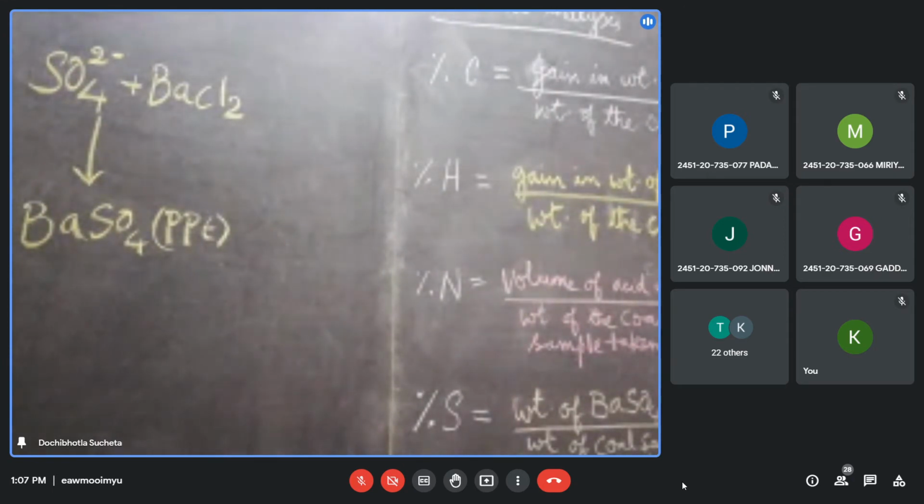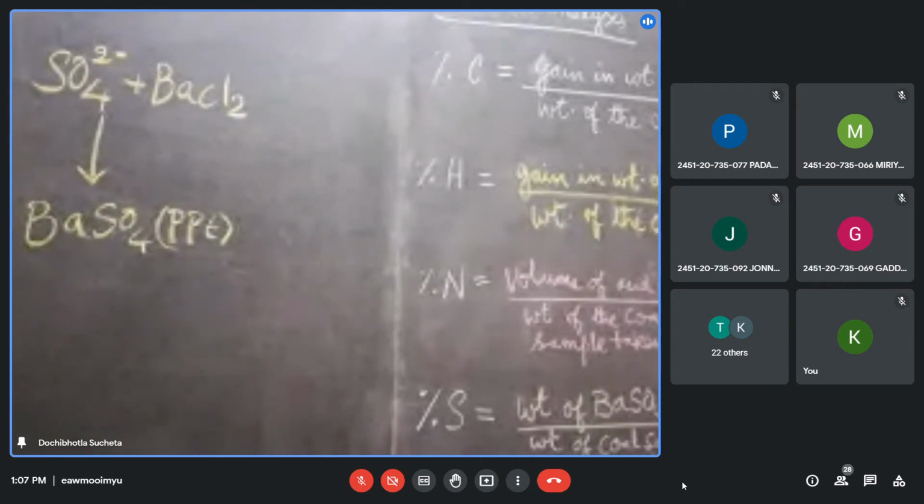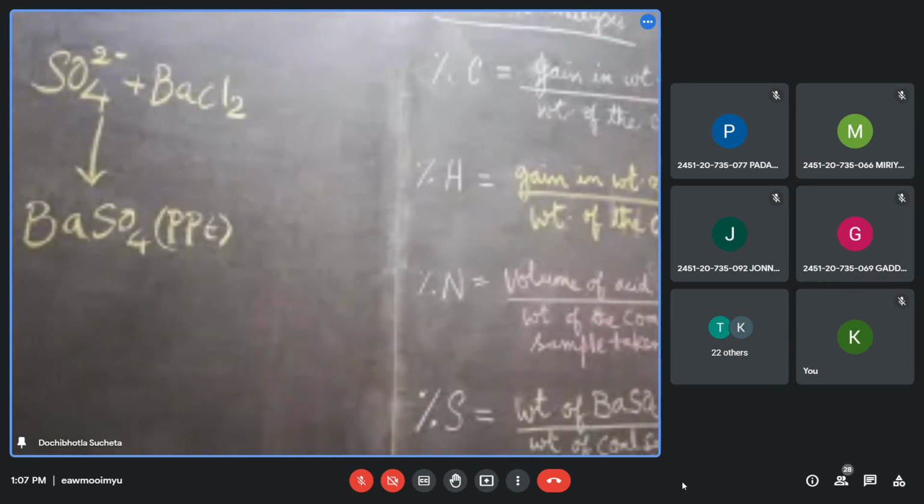That part is called fixed hydrogen. So hydrogen supports combustion and increases the calorific value, but not 100%.